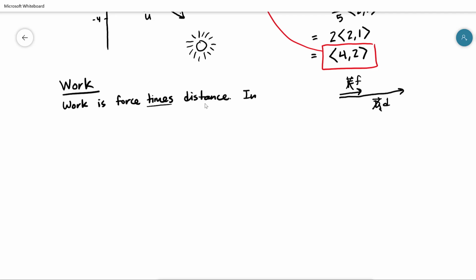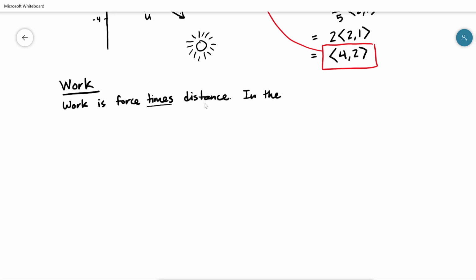But it isn't always true that the force and the direction that something gets moved actually point in the same direction. So the direction of displacement and the direction of the force don't have to be parallel. And we can use vectors to compute the work, sorry, in those cases.